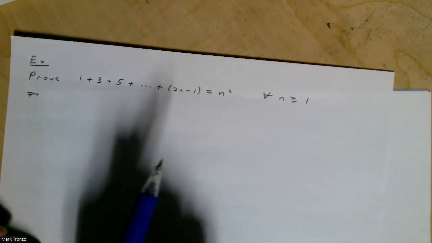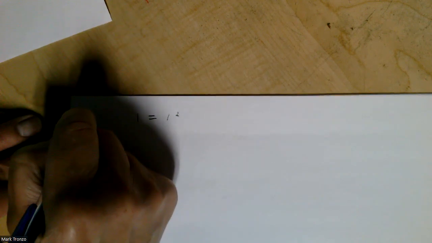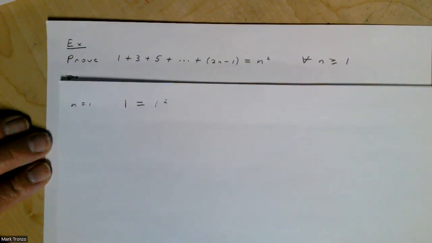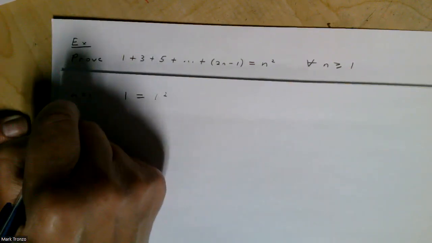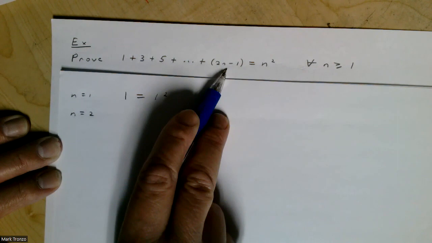If n was equal to 1, we would have 1 equals 1 squared. For n equal to 2, this is actually the formula on the left-hand side.